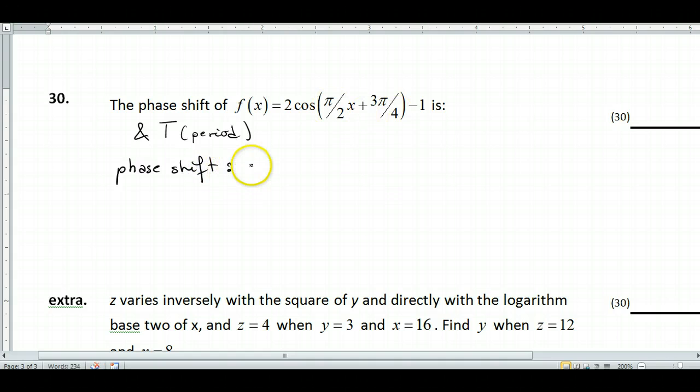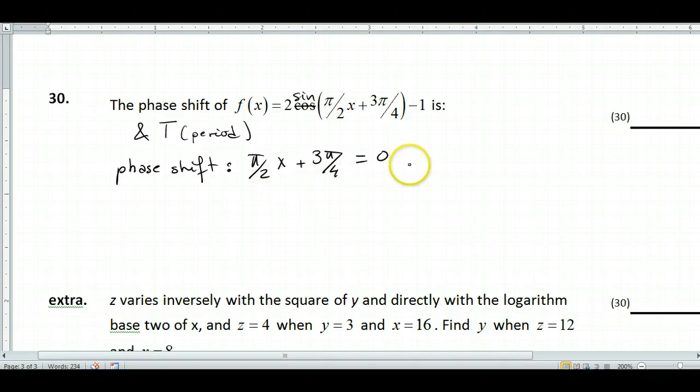For the phase shift, you take everything inside the sine. It doesn't matter if it's sine or cosine, it's the same. You take everything inside and equate it to 0, then solve for x, and that value of x will give you the phase shift. So what do we have?